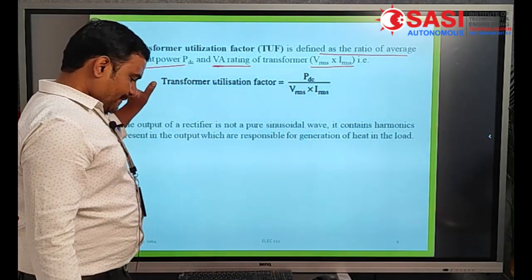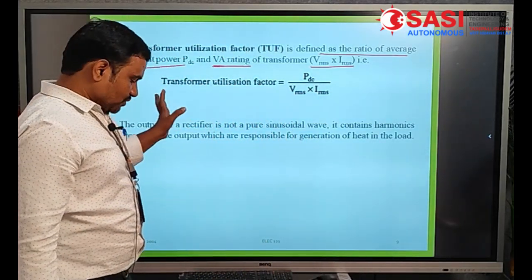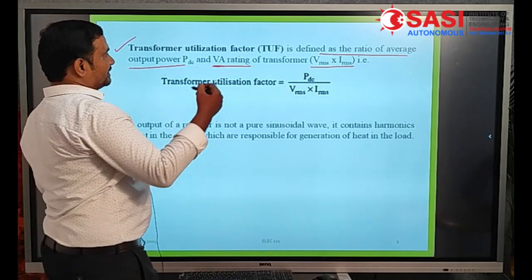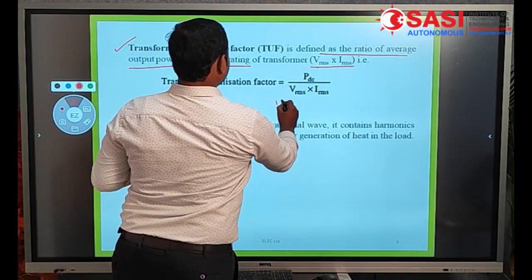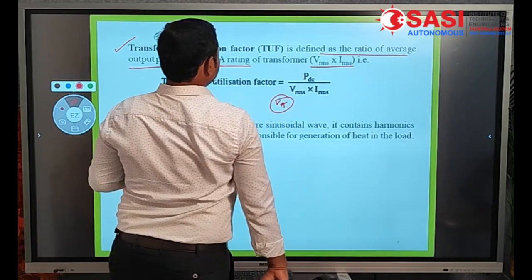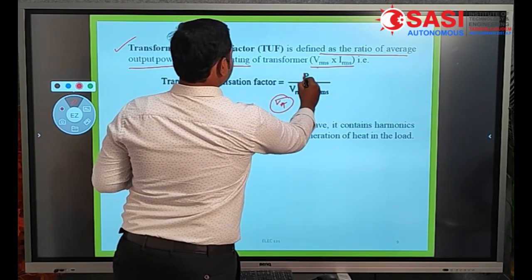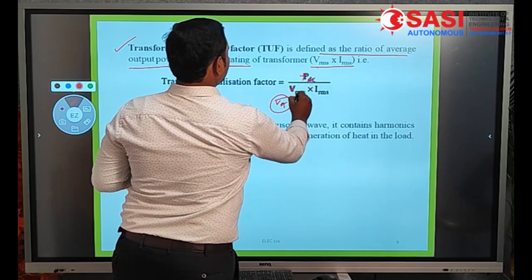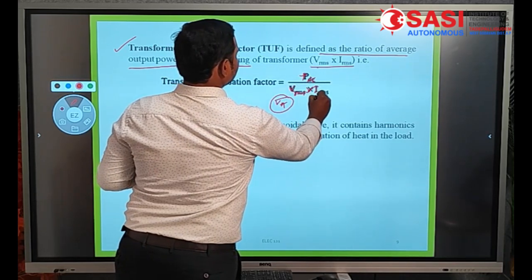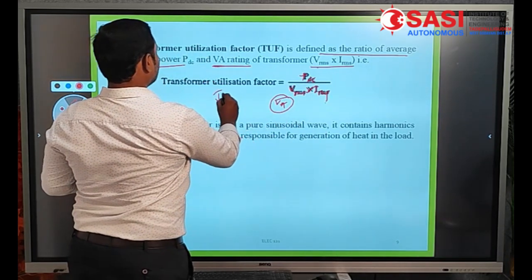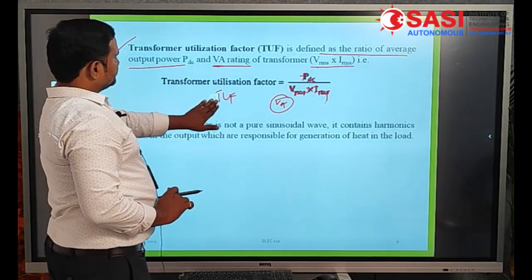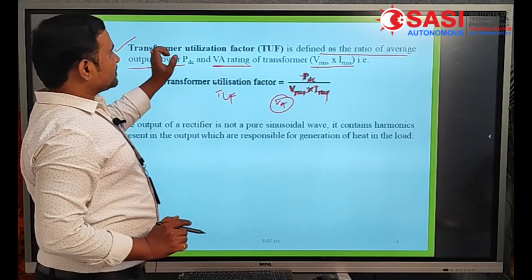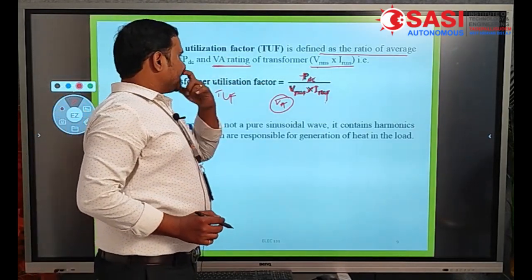Therefore, from VRMS and IRMS we get the VA rating of the transformer. So PDC divided by VRMS into IRMS gives the TUF. So the transformer utilization factor can be obtained like this.